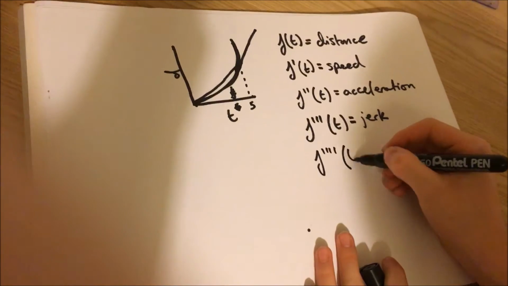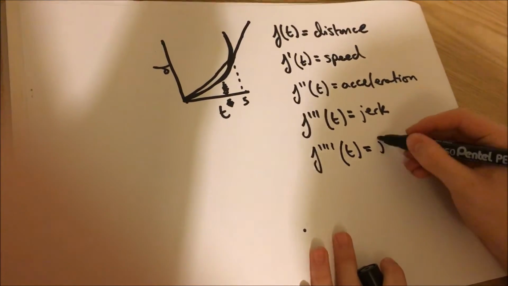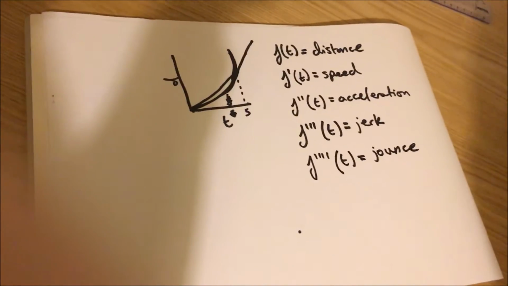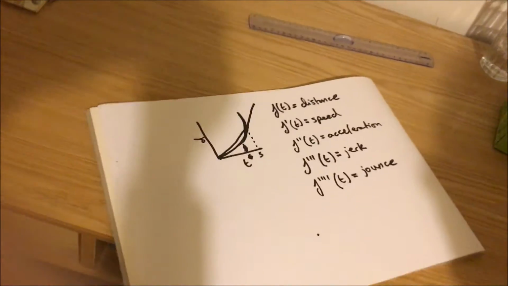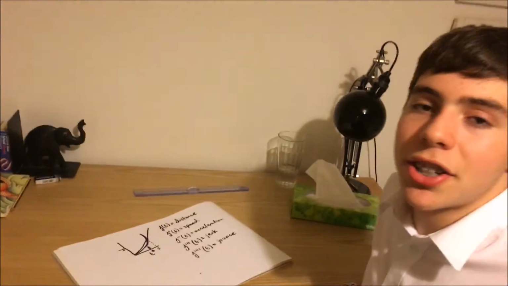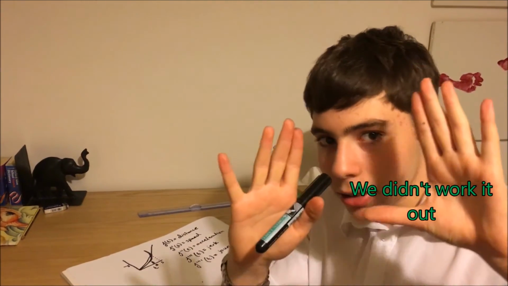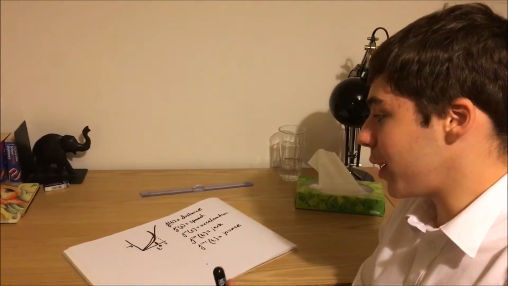You're probably getting the gist of it by here, and this is the jounce, the rate of change of the jerk. And if you have a changing jounce, you can have a fifth derivative, which will give you the rate of change of the jounce. I don't know what that's called, that probably has a name, but I don't know what it's called. If we work it out, we'll put an annotation on the screen, right about here somewhere. Yeah. So, that was weird.